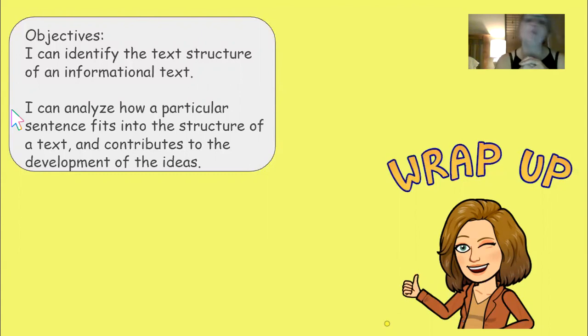Okay? I hope you're feeling confident about these 2 objectives, and the next time you see this in school, you will be like, I remember that lesson because it was fun and it taught us a lot in a little short amount of time. Okay? If you can remember those top 5 text structures, you're going to be that much further ahead.